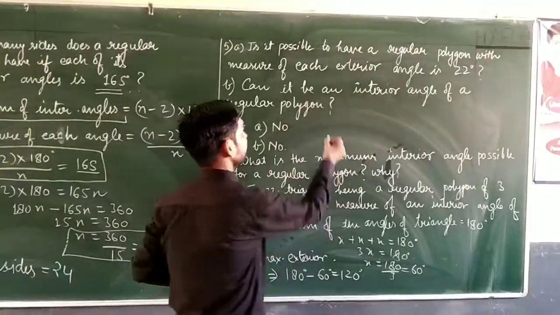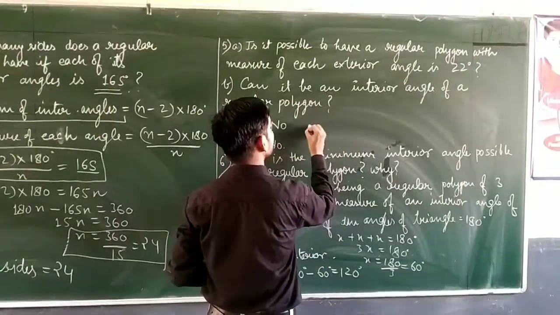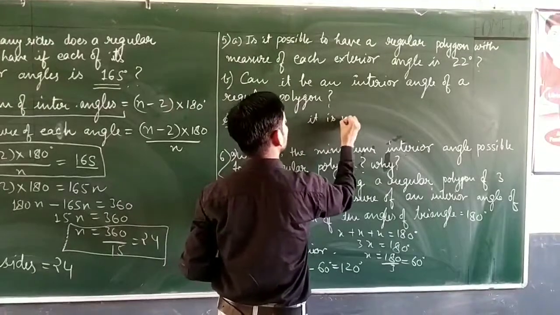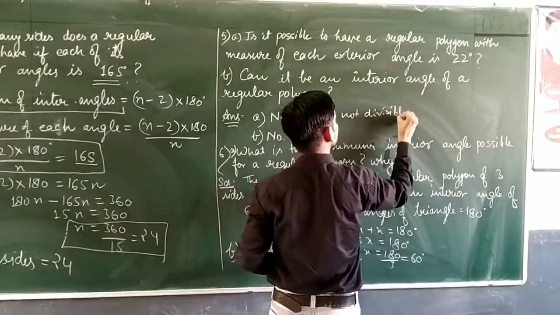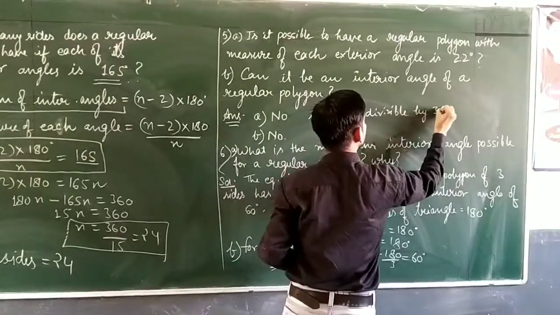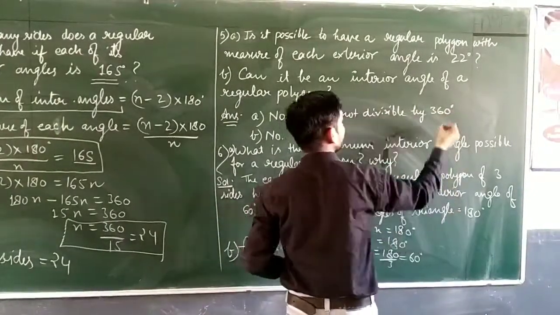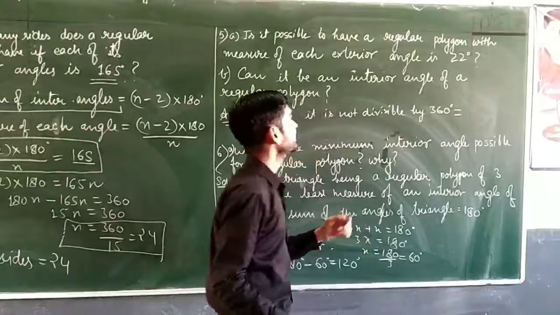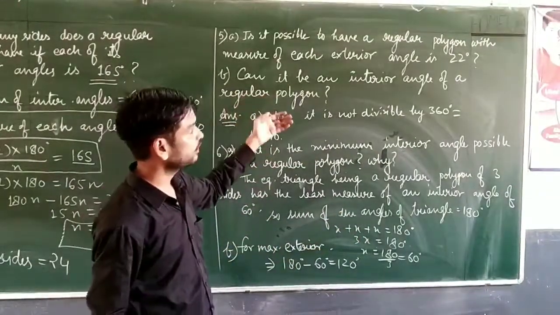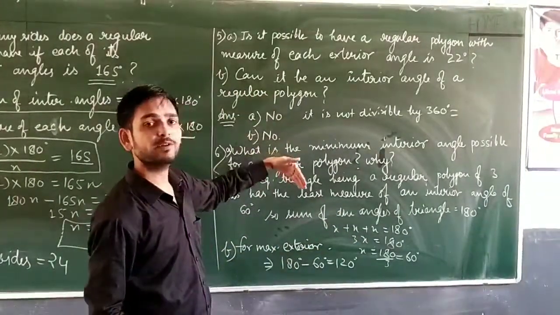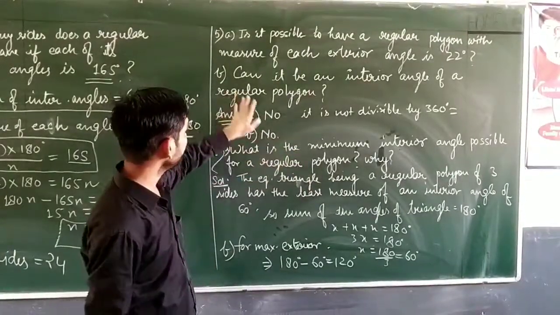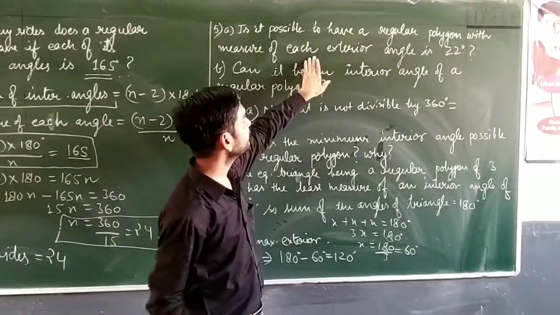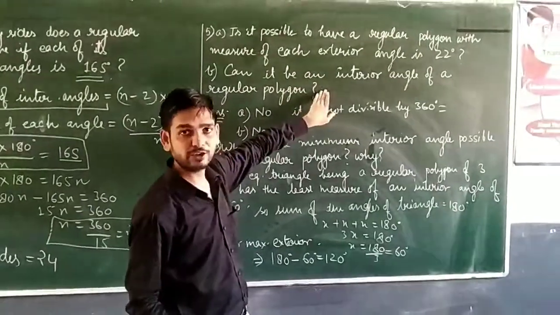Because it is not divisible into 360 degrees. If it is divisible, then we can say that it is a regular polygon. If it is not divisible into 360, that means it is not a regular polygon. Similarly, as the A part is not divisible, the B part is also not divisible.